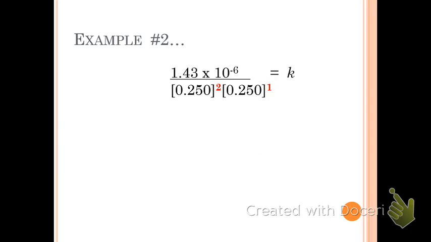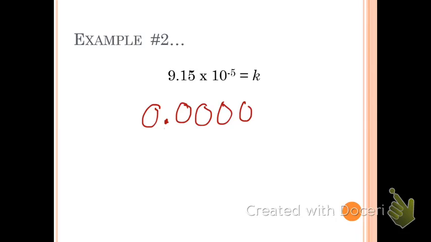When we solve the equation, you should have gotten 9.15 e to the negative 5 for k, or your calculator, if you have it set up, could show 0.0000915. I don't think your calculator would do that, but if that's the number you got, that is the same number. Remember, this is scientific notation.